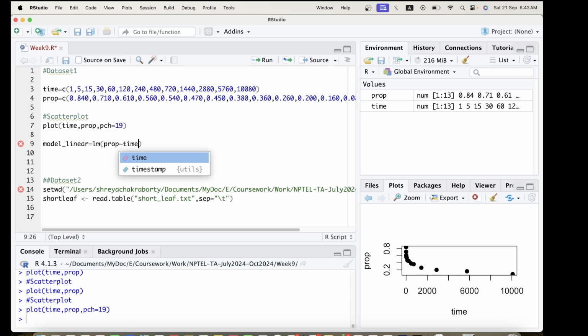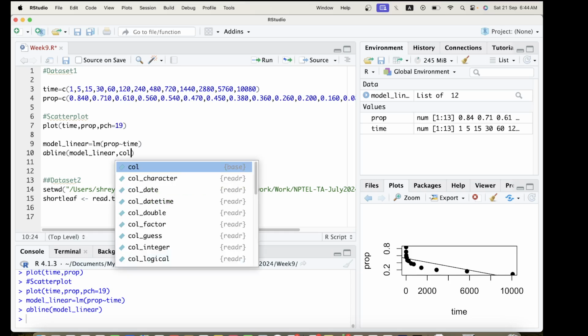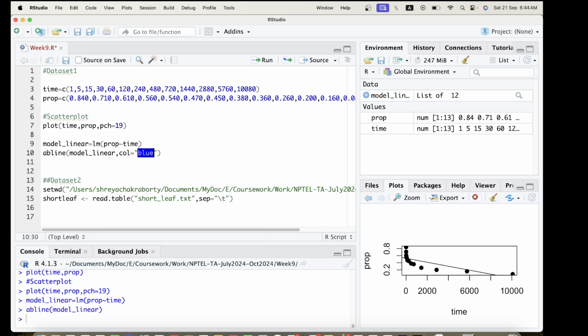So this is my linear model. I fit this, and then I want to overlay this regression line on the scatter plot to see how well it is fitting. I'll make it a separate color. Let me make it blue.